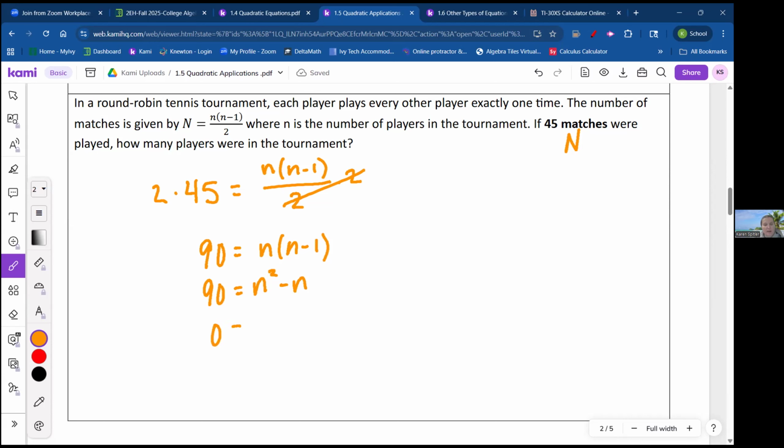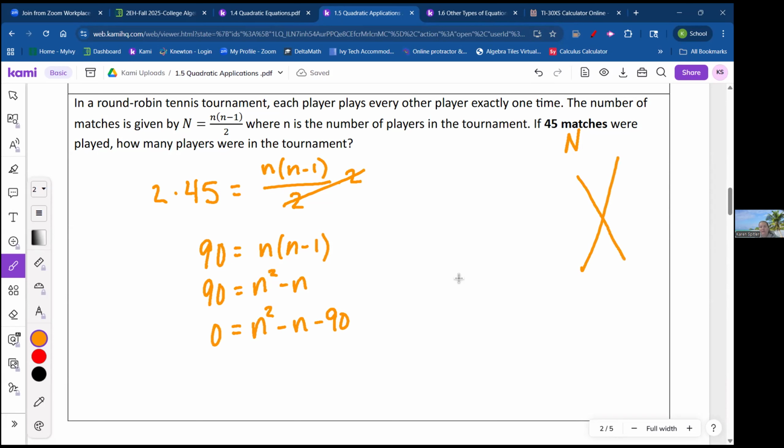So I'm going to subtract the 90: n squared minus n minus 90, and then obviously 0 equals that. There are digits that multiply to give me negative 90 and subtract to give me negative 1. So this is factorable.